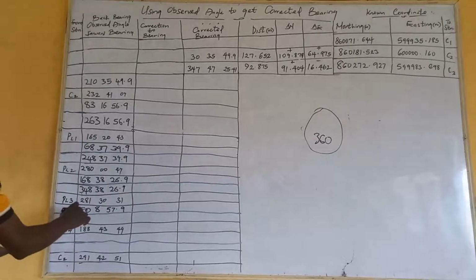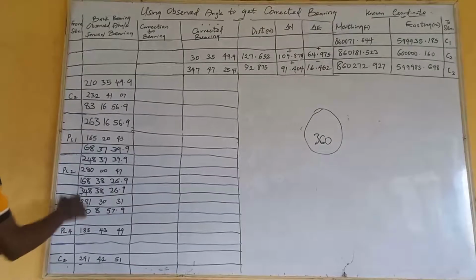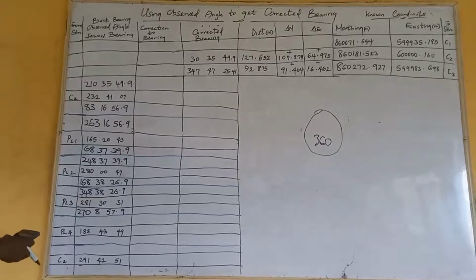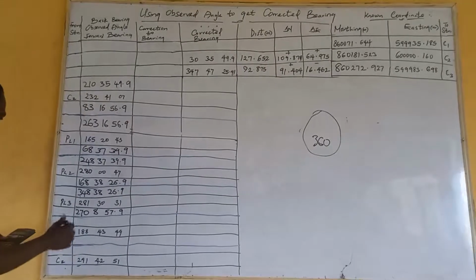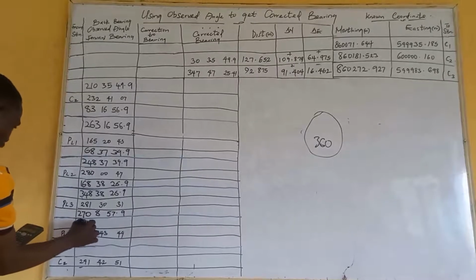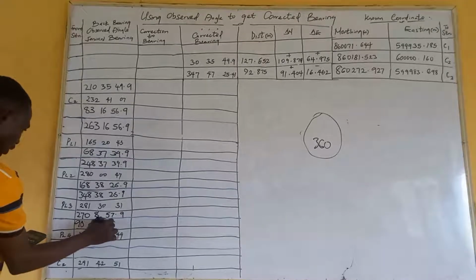But this value now is more than 180, so you subtract 180 from it to get your back bearing for your next station. So the value minus 180, we have 90 degrees 8 minutes 57.9 seconds.